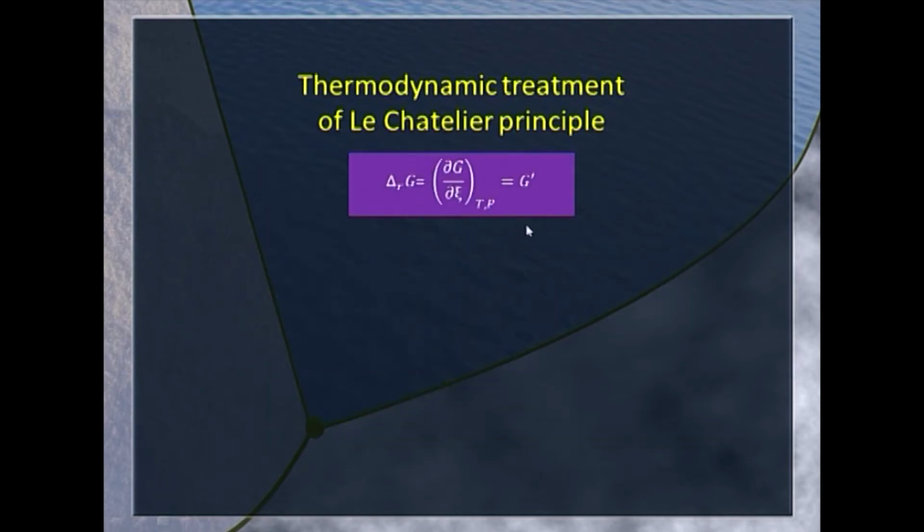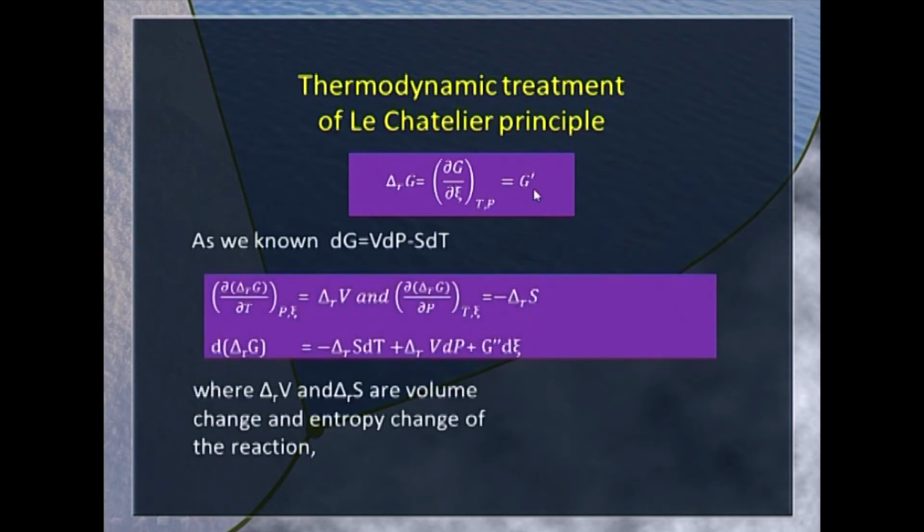This expression has already been seen where ∂G/∂xi is the reaction Gibbs free energy, and if we do a double derivative of that, we are going to represent it by G double prime. It is already known that dG is related to pressure and the temperature change by this relationship.